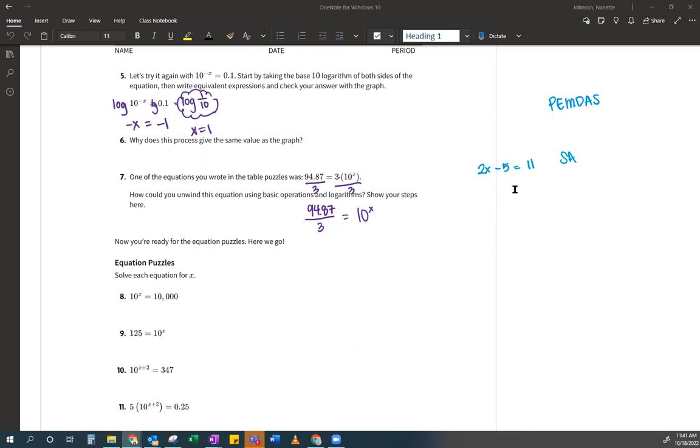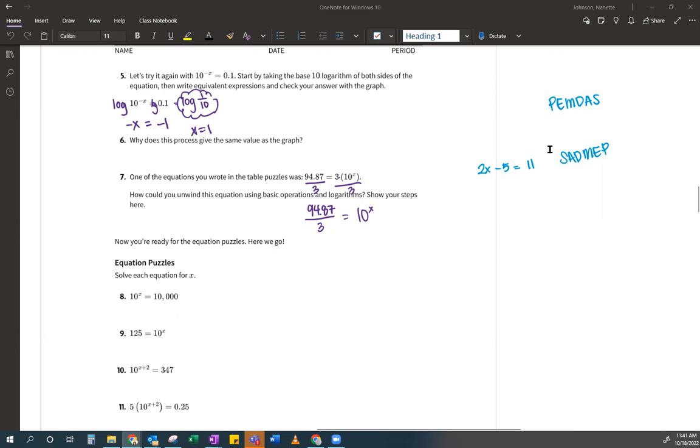Take a second to understand what I just said. We've been talking about inversing this whole time, so this is the ultimate in inversing, when you reverse the order in which you're solving. The reason we took care of subtraction first is because that's the last thing we would do before.